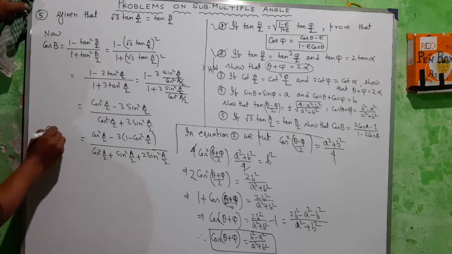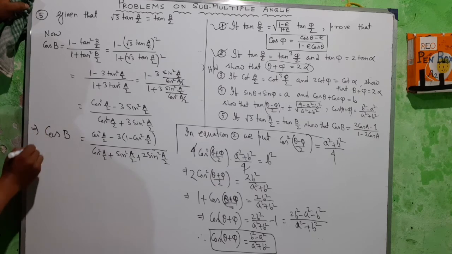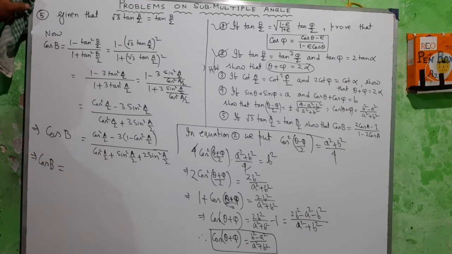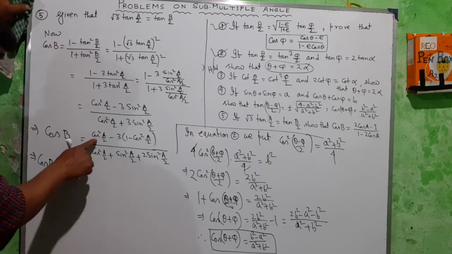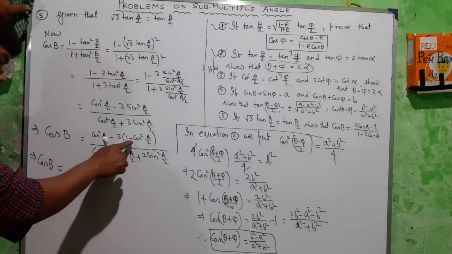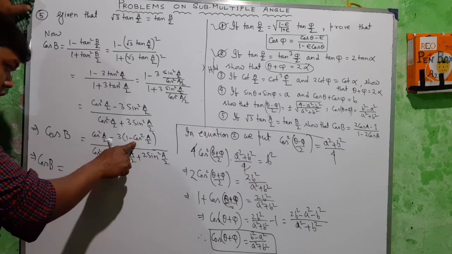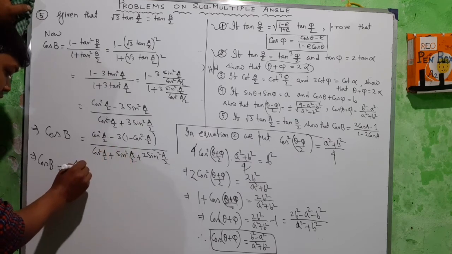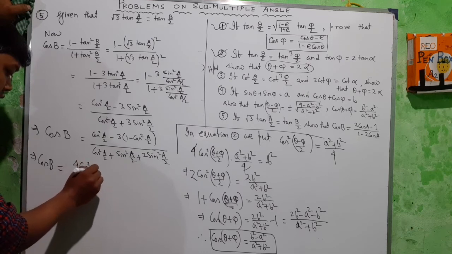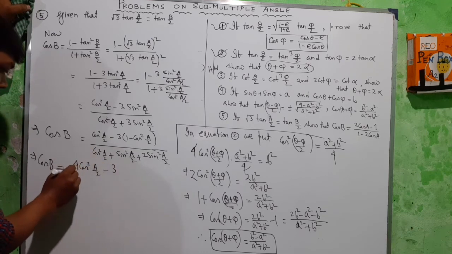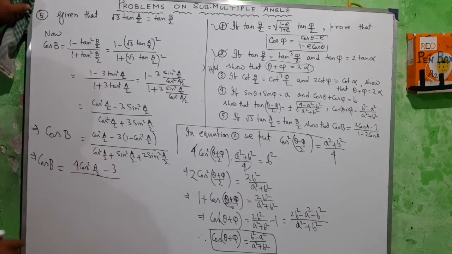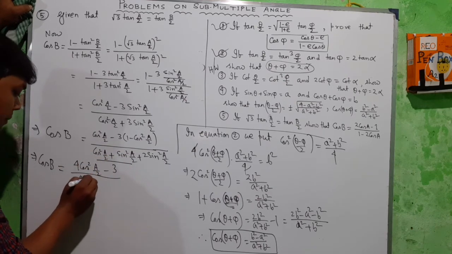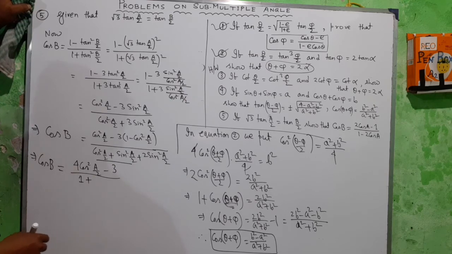That's cosine b equals this. So cosine b equals cos square a/2 minus 3, and in minus cos square a/2, that is plus 3 cos square a/2, we get 4 cos square a/2 minus 3, by cos square a/2 plus sin square a/2, this part is 1, plus 2 sin square a/2.